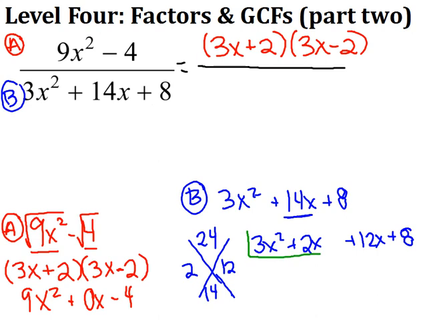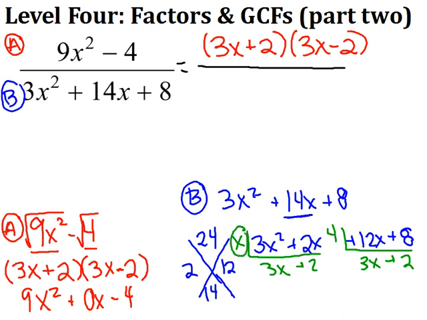The only thing I have in common in our first group is an x, and that's going to leave me with, not just x, but 3x plus 2. And in our second group, the only thing we have in common here is a 4, and that would leave me with 3x plus 2. So we know those are correct because our GCFs were different, obviously, and what we were left with was the same.